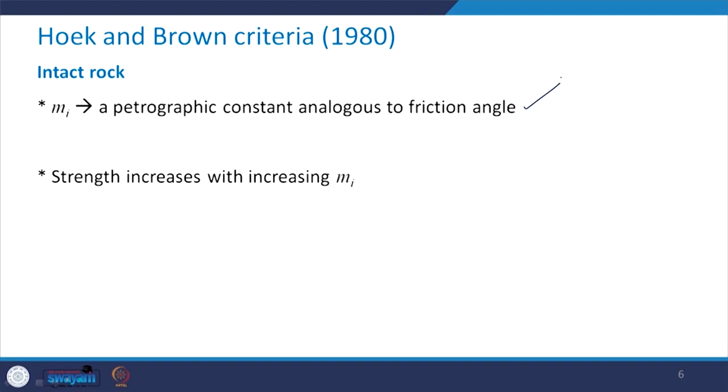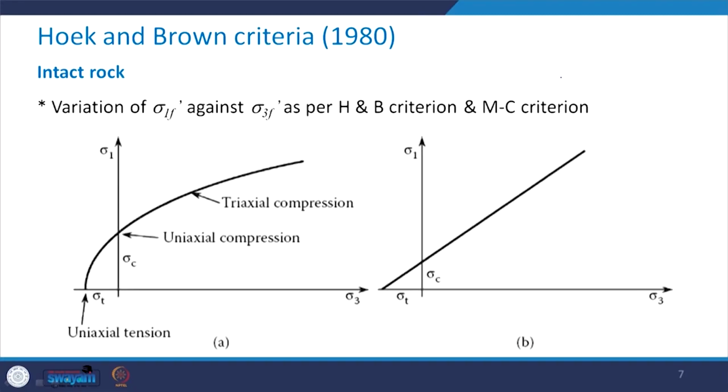For the intact rock, the variation of sigma 1f against sigma 3f as per Hoek and Brown criterion and Mohr-Coulomb criterion has been shown here. The first plot, A, corresponds to Hoek and Brown criterion and B corresponds to Mohr-Coulomb criterion.